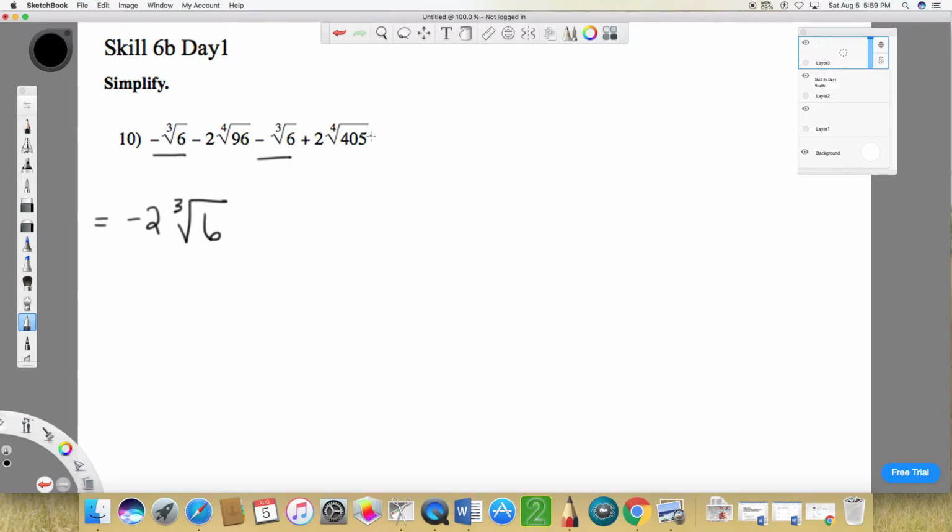Now, these other ones are fourth roots, and right now the numbers are different, but I suspect we'll be able to simplify them. So let's just write what they are. Minus 2 times the fourth root of 96 plus 2 times the fourth root of 405.